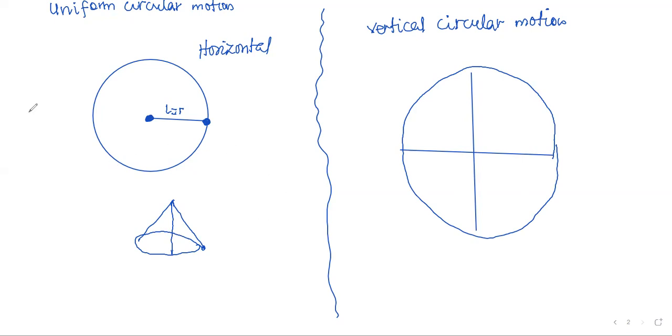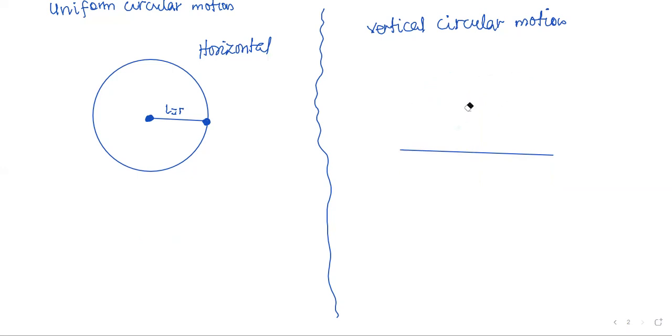Please, if you have an idea of other examples, you can also share with me. Apart from the roller coaster, which gadget also moves along the vertical plane? I know the centrifuge is, I think, horizontal circular motion.